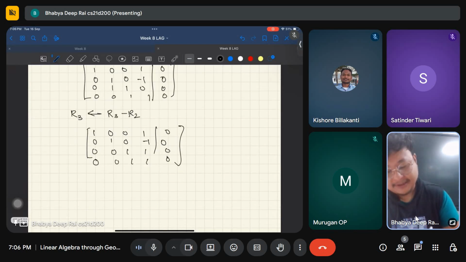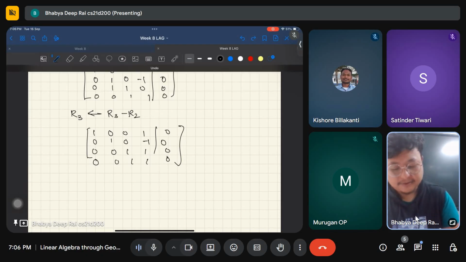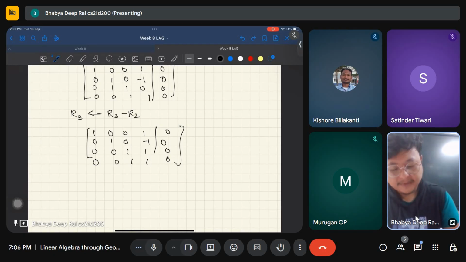Now I see that I have two duplicate rows, but we'll continue the Gauss-Jordan. I need to remove this guy, because I want to get these pivot elements. So I just want one per row and one per column.